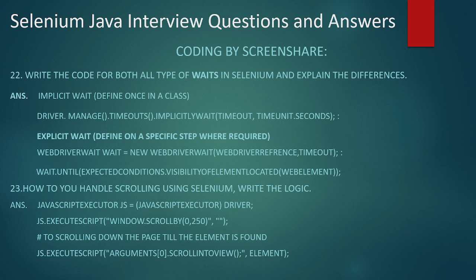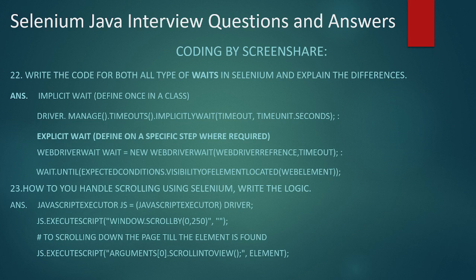Then we come to the explicit wait. We use the explicit wait on a particular action. Suppose we are submitting one page and it is taking 20 or 30 seconds; there we use the explicit wait. This is the syntax: the WebDriverWait class, then new WebDriverWait, where we mention our time.